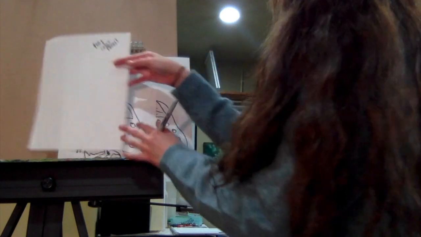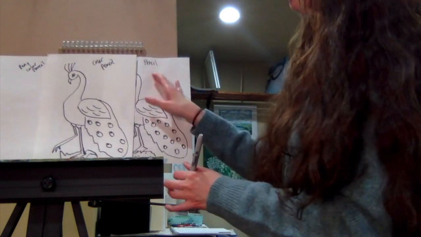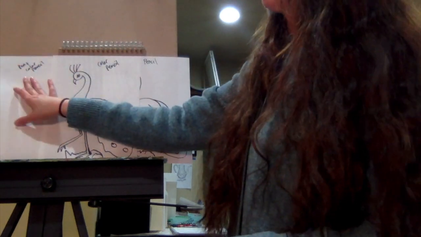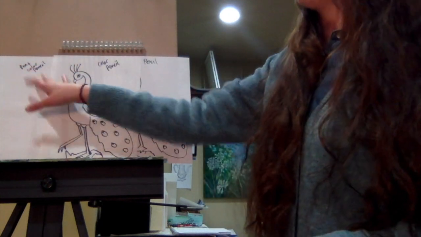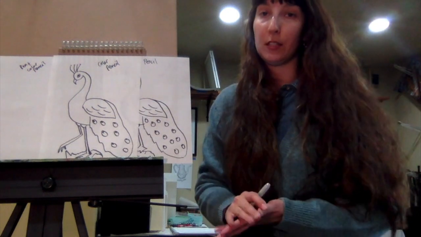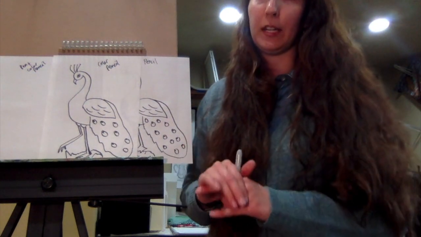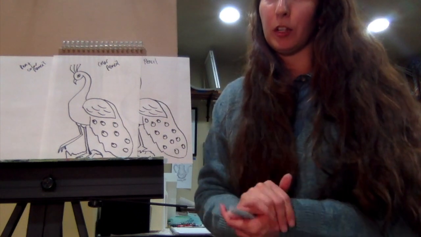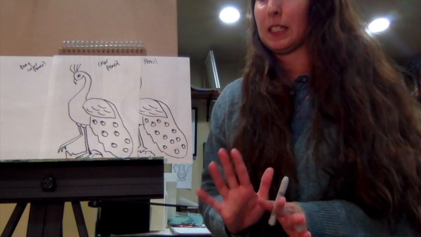So each one's going to be a little different. One's just going to be pencil, one's going to be all color pencil, and then one is going to be pen with the color pencil on it. Okay, so you have 3 peacock drawings that will be completed. All right, so that's a big project for you guys to work on, but I can't wait to see them.